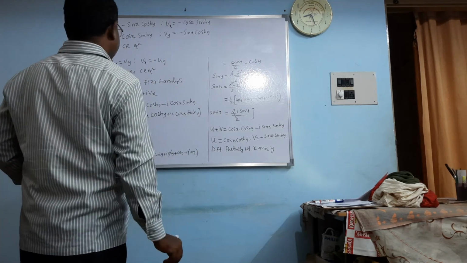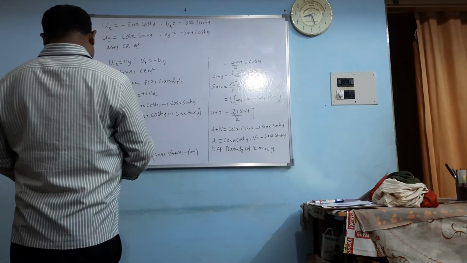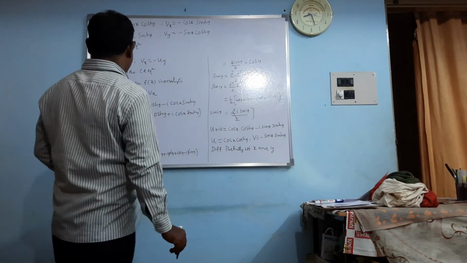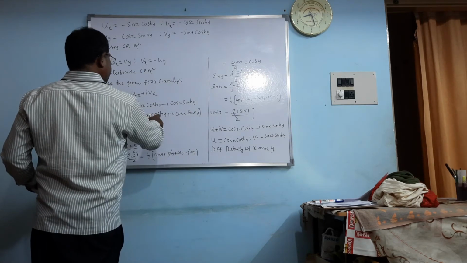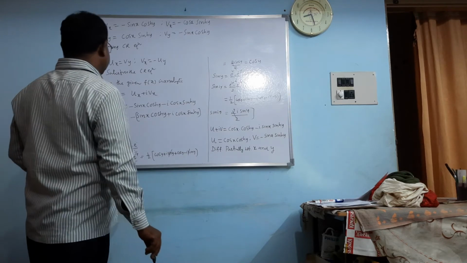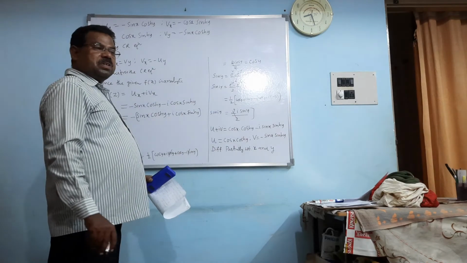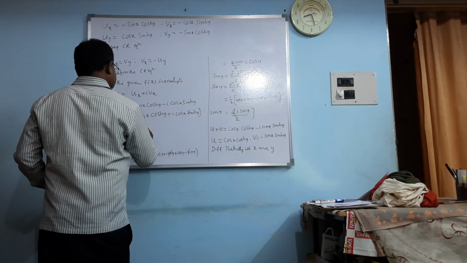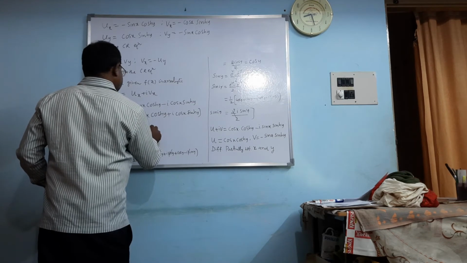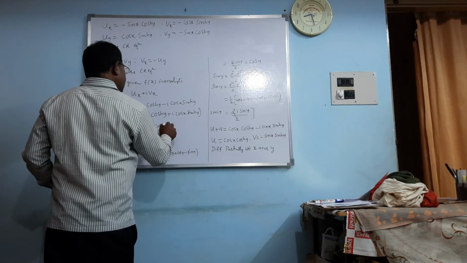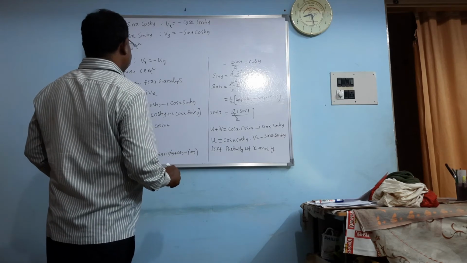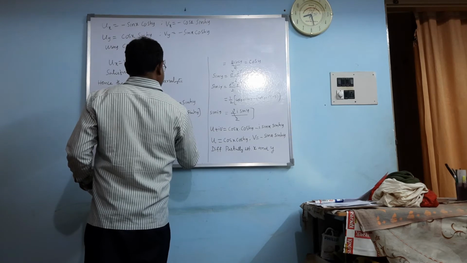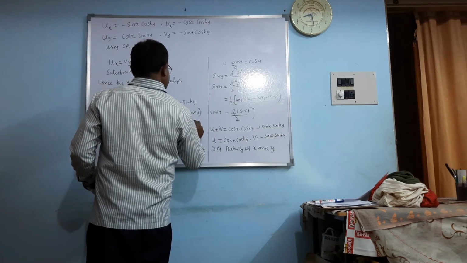Therefore, using the formula sin a cos b plus cos a sin b is sin of a plus b, we get minus sin x cos hy plus i cos x sin hy.